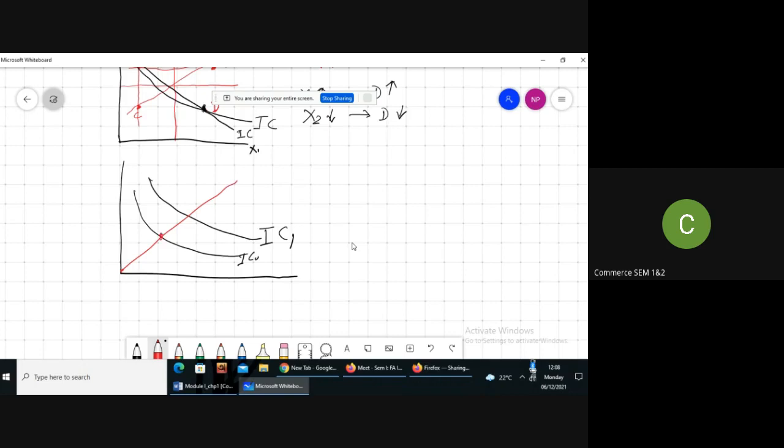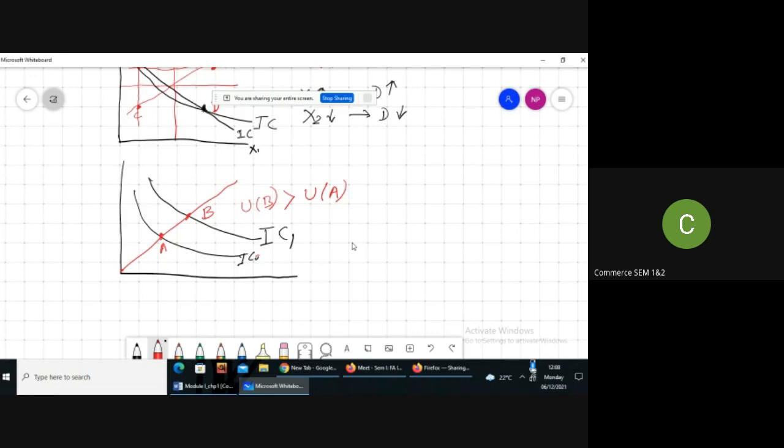Now take this point, point A and point B. So point B, you can see that point B contains more of both x1 and x2. সুতরাং utility at point B must be greater than utility at point A. সুতরাং point B, which is on the indifference curve IC1 will give you higher amount of utility than IC0.